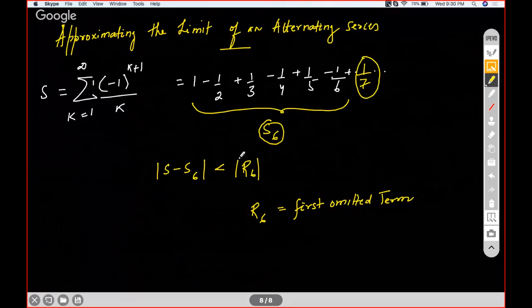This R6 is actually lesser than that. We say the mod of R6 is lesser than that omitted term, which in this case is 1 by 7.